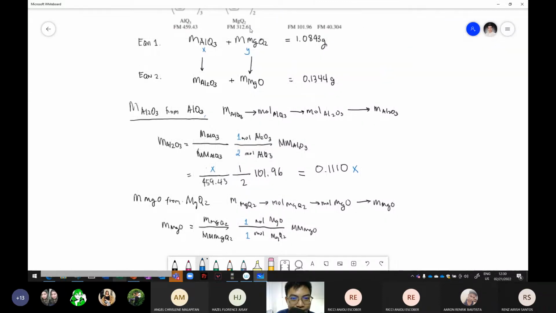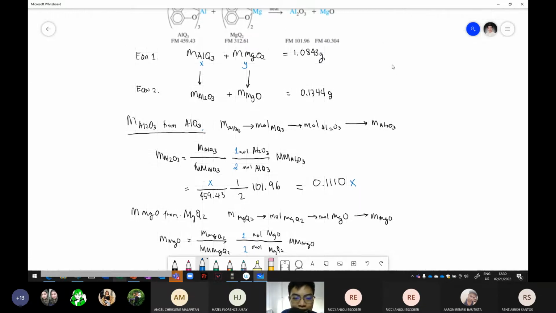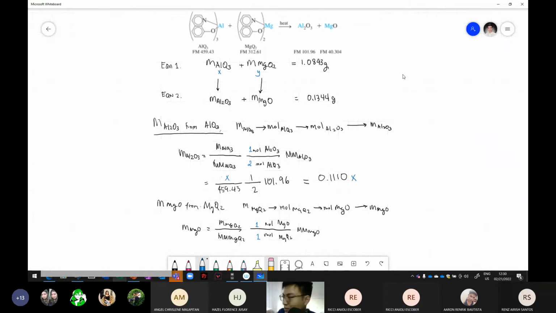Okay, so yun yung molar mass ng MgQ2. Ito yung molar mass ng MgO. Ayan. Ito yung molar mass. Okay? Type nyo na lang yung mismong expression.